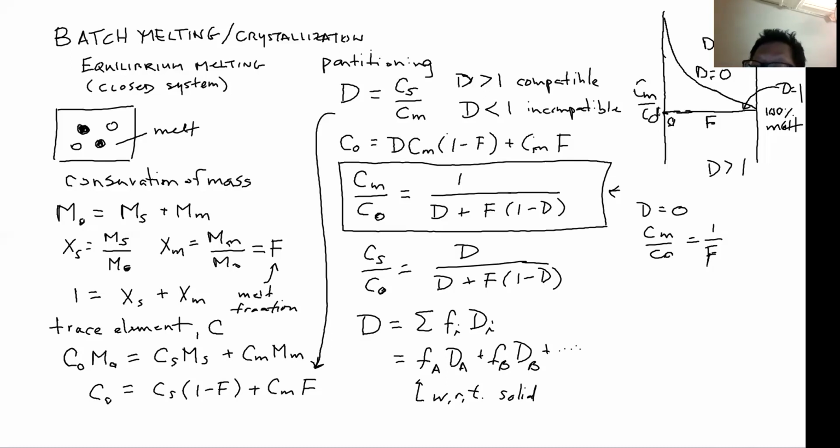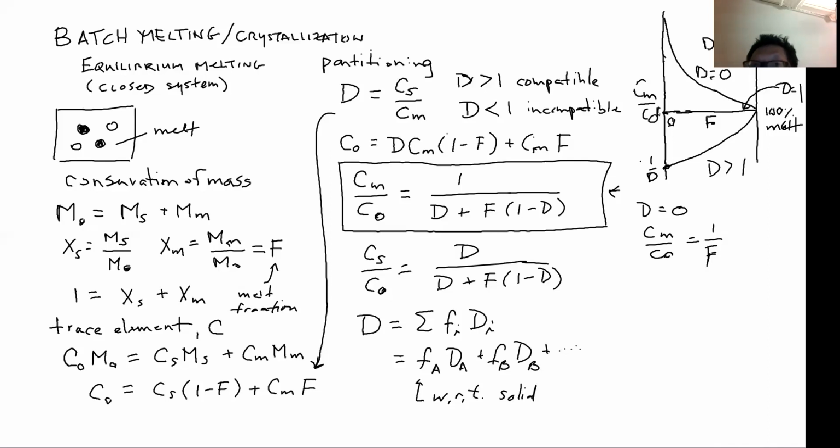If it's compatible, then what you'll get in the melt is something that looks like this. It also will converge to 1 at F equals 1. But the value over here is then equal to 1 over D, okay? When F equals 0. And the same thing goes for up here, right? Obviously when D equals 0, this goes to infinity, but when D is finite, it's somewhere in between.